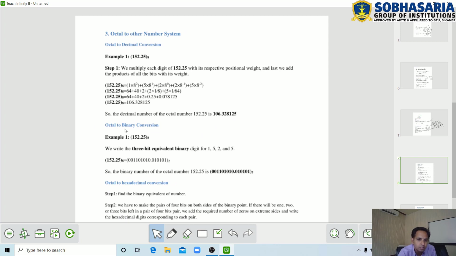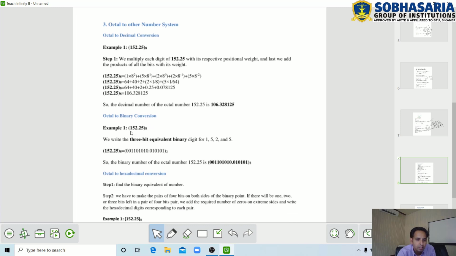Now, we convert octal to binary. Again we write the 3-bit binary equivalent of each digit for 152, again using the 421 code. 1 is written as 001, 5 is written as 101, 2 is written as 010.